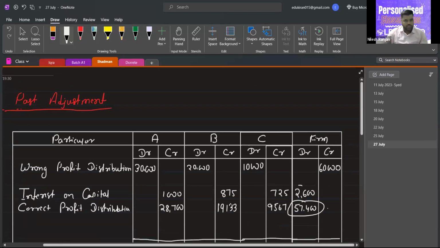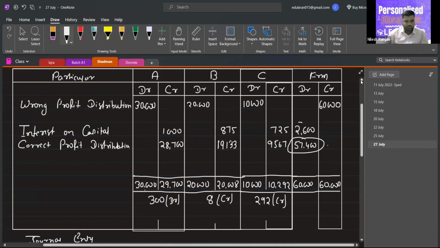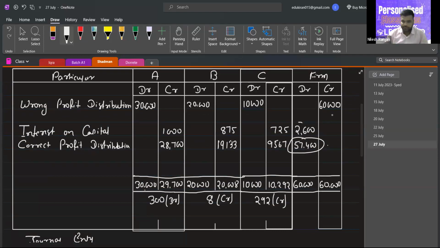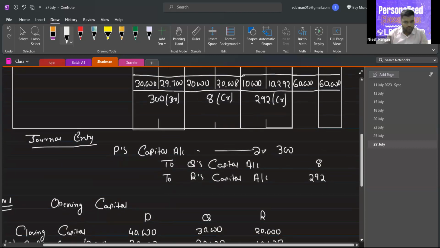Please copy this. Sir, the general entry. Okay.